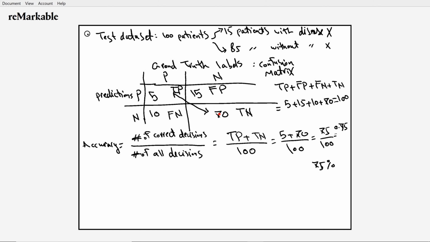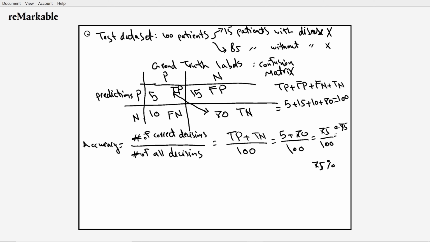If you have a model that's not doing anything, it's just looking at which label has the most patients. We have 15 positive patients and 85 negative patients.